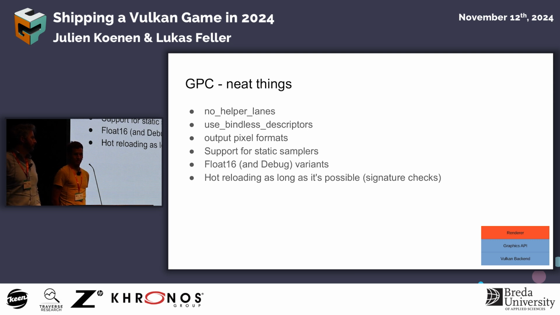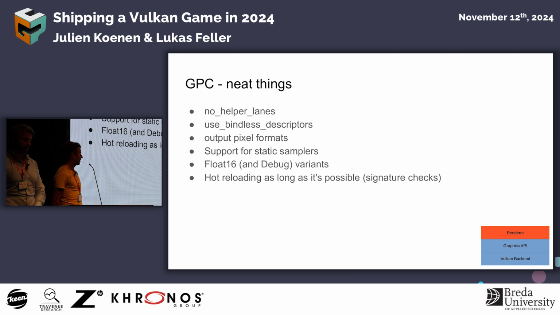Output pixel formats, for example. One big design decision of GPC was to declare everything in our domain-specific language and generate code as required, instead of parsing existing HLSL code or inventing our own HLSL syntax to get required data out of that. For the output pixel formats, we use that because it's required in Vulkan, but also for PlayStation code, we can generate the respective formats in the PSSL code then.